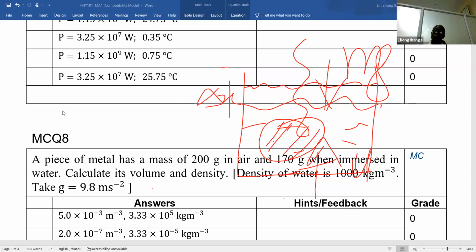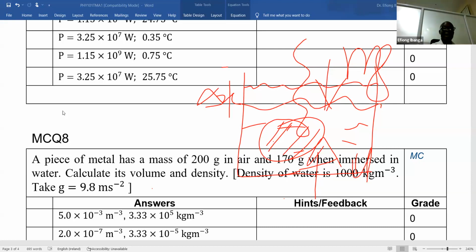It's equal to the upthrust. That's the buoyant force that pushes the object upwards, that tends to lift it up while it is inside that fluid. It is equal to the mass of the liquid that has been displaced.